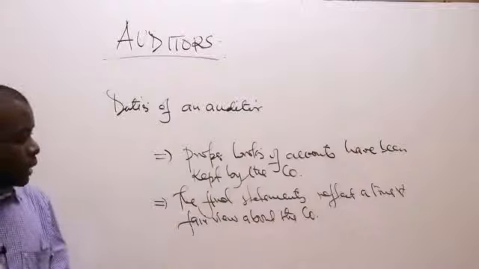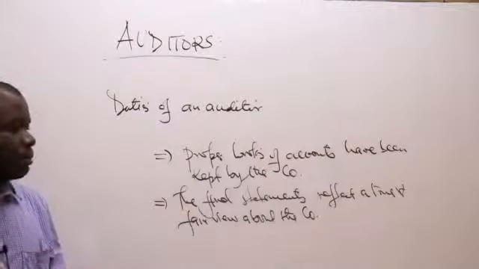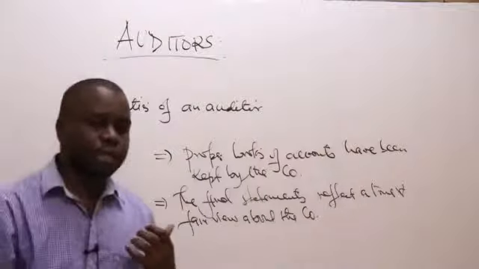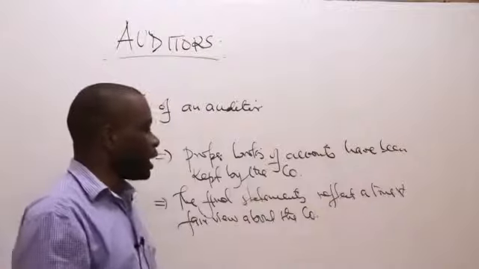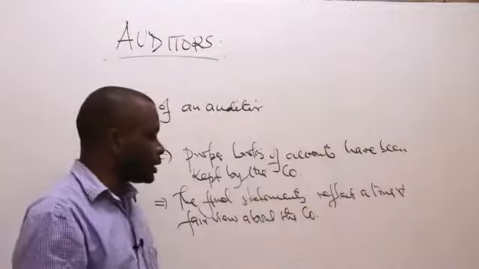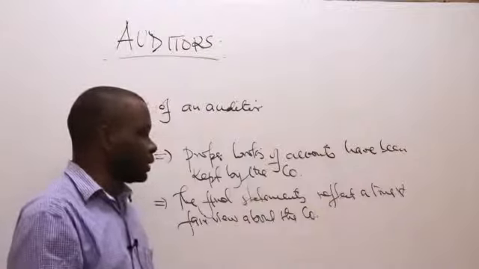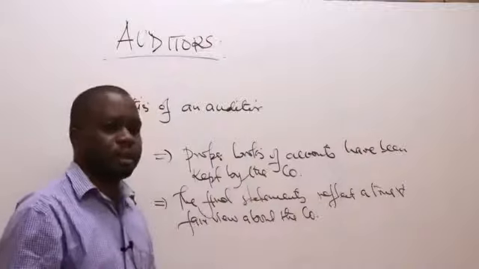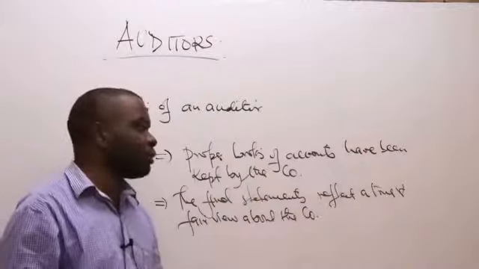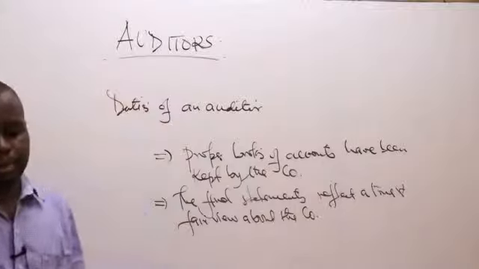Then of course, if it is a public company, he could go further and look at the remuneration of the directors. So you look at how the directors of the company are being remunerated. Are they following the requirements set out by the members? For example, how much they're supposed to be remunerated as directors of the company.